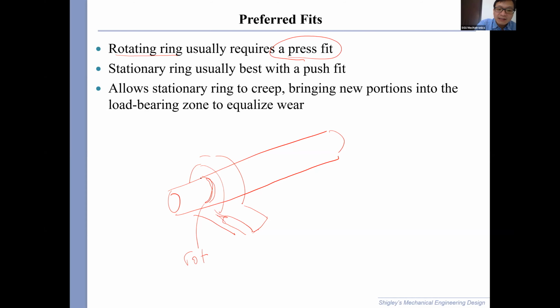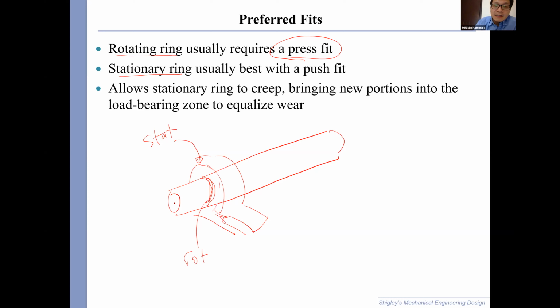So in this case, the shaft should be a press fit to the inner ring. The stationary ring in this case is the outer ring, right? It's stationary and it can do with a push fit. So in this case, the bearing is a push fit to the pillow block, but it's a press fit to the shaft.